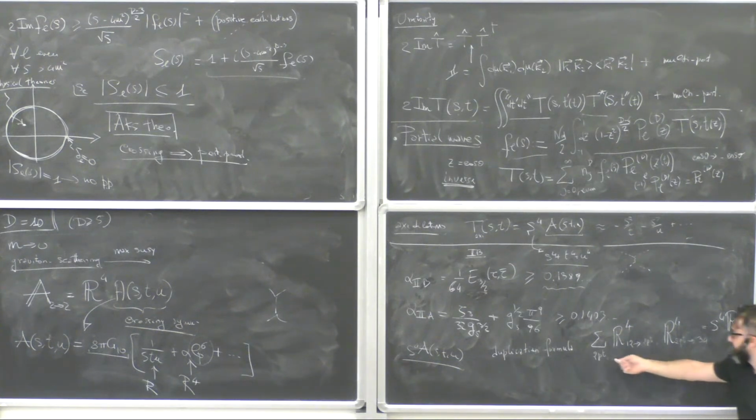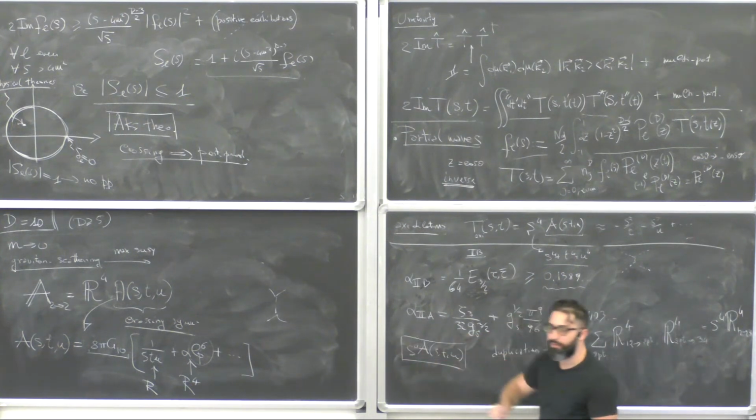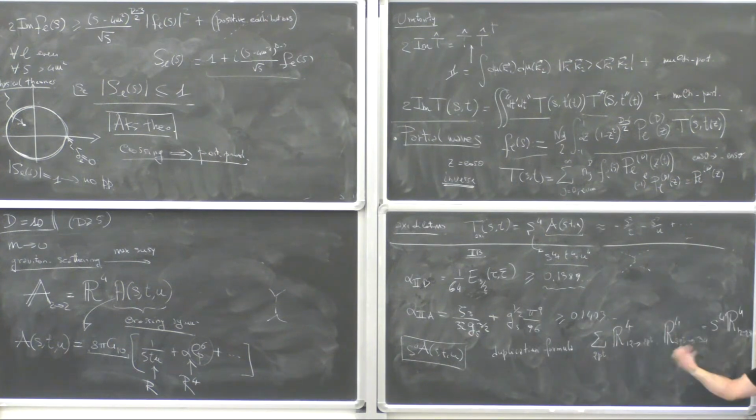And that's why, since there is this duplication formula, you need to impose unitarity for this component, even if in type 2B it would be physical and in type 2A it would not.